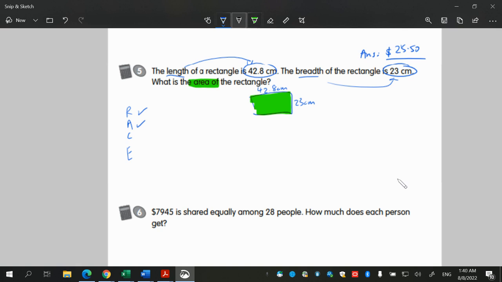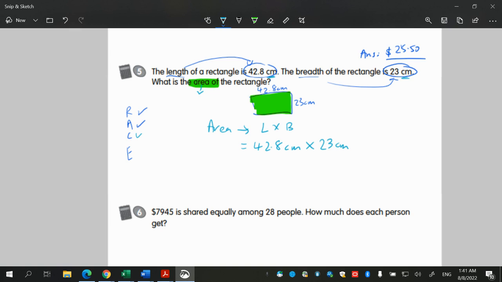Okay, talking about area. I hope everybody is familiar with the units. In this case, you have centimeter and centimeter. Area of the rectangle, you have the length times the breadth, which in this case is 42.8 centimeters multiplied by 23 centimeters. Oops, mistake here. 23 centimeters. Use my calculator. So I draw a diagram and use the formula length times breadth, coupled with the help of a calculator to solve this.